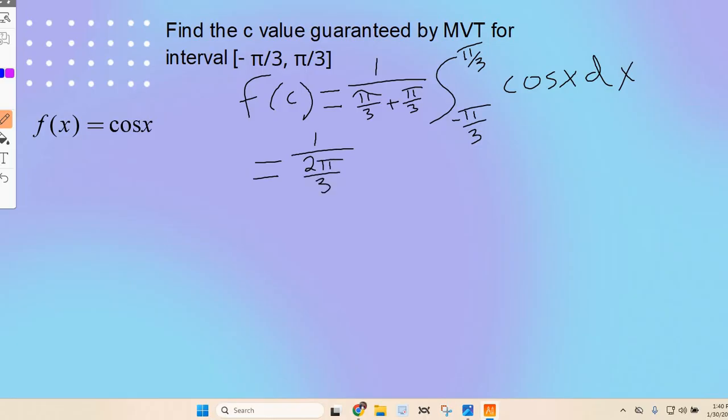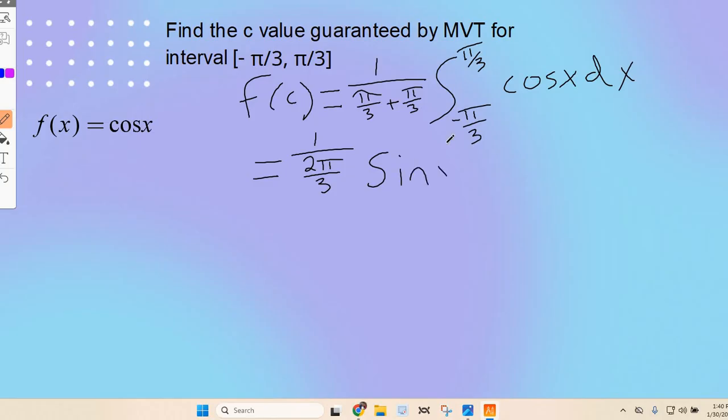Now, what is the antiderivative of cosine? So the derivative of what is cosine? Sine, positive sine. Yes, are we okay with that? The antiderivative of cosine is sine; the antiderivative of sine is a negative cosine.